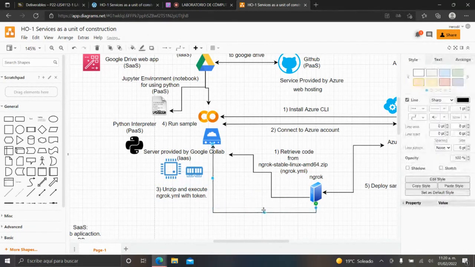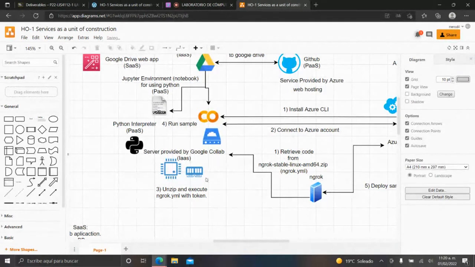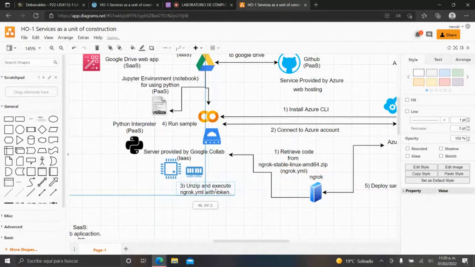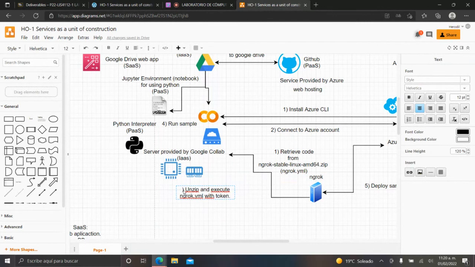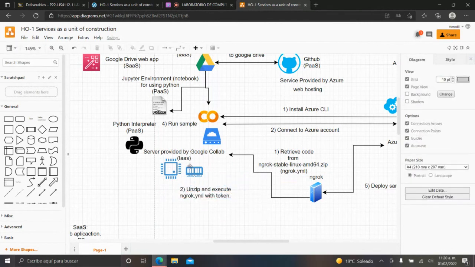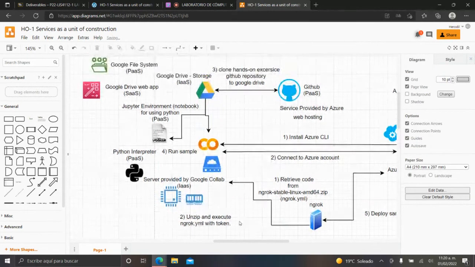You retrieve the code, you unzip, and then you execute the YAML. That's true. Now you see, you have represented the fact that you have the terminal and you connect to Google Azure.